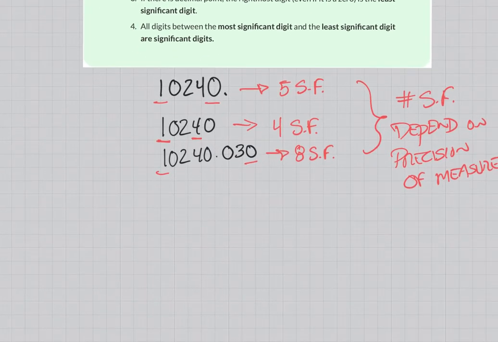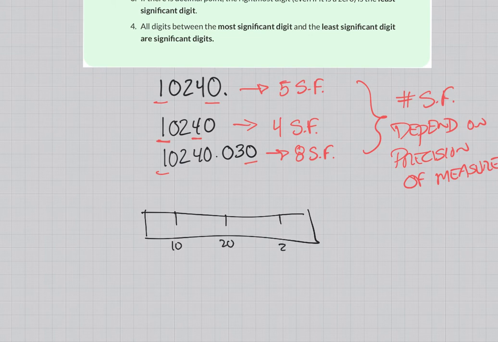Basically, the idea is if we have a ruler that is just broken up into decimeters, so every 10 centimeters, and we have something that is this long, we can't be very precise with this.